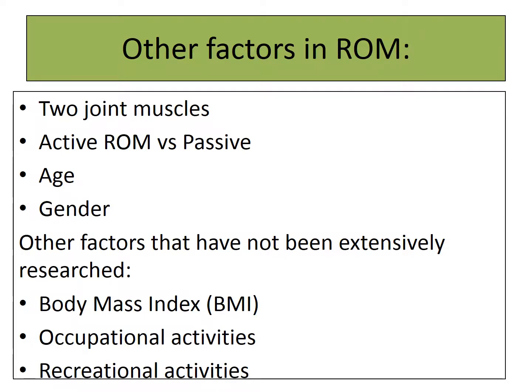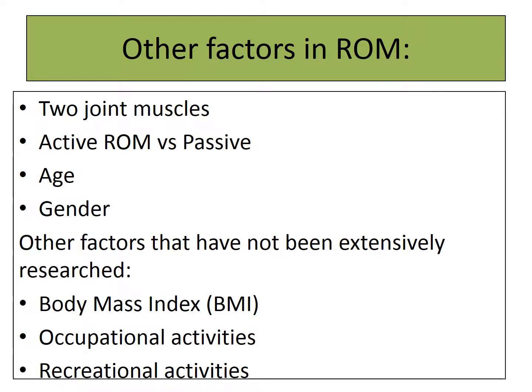if that muscle crosses two joints. Again, we've already discussed a little bit that we can see differences in active versus passive range of motion, especially if there are contractile tissues that are at fault for limiting the range of motion. The patient can have more passive because it's being passive and they're not being painful because of that contractile tissue.